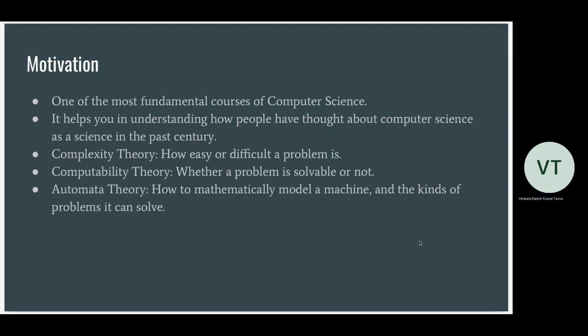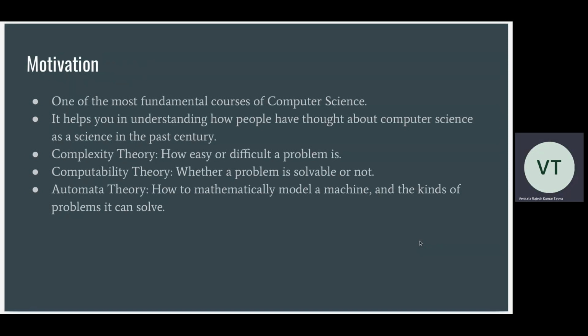All right. So theory of computing can be broadly divided into 3 subtopics: complexity theory, computability theory, and automata theory. Complexity theory deals with how difficult or easy a problem is to solve. Computability theory discusses whether a problem is solvable or not, solvable on a computer or not.